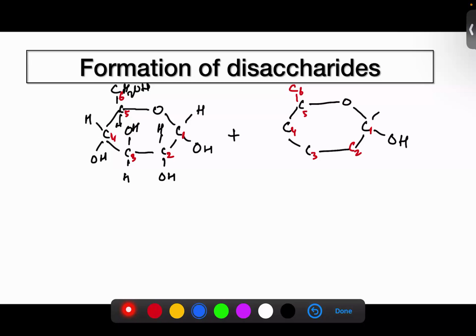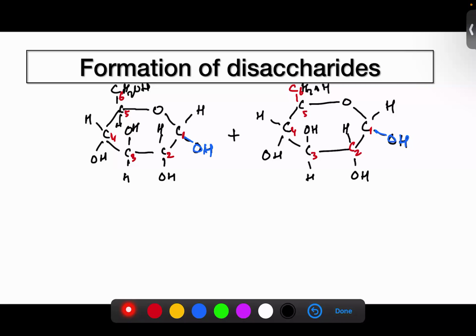So carbon number 1 has an OH group here, and similarly carbon number 1 has an OH group here too. And the rest of the other carbons have the same positions of hydroxyl groups and hydrogen. So these are 2 alpha glucose units.